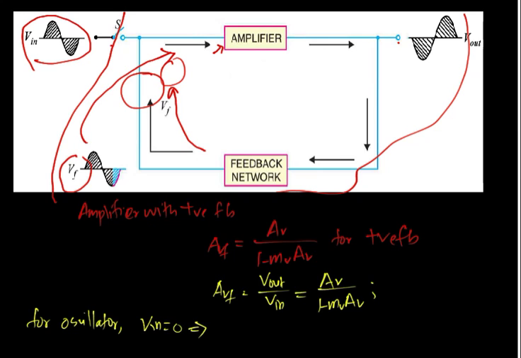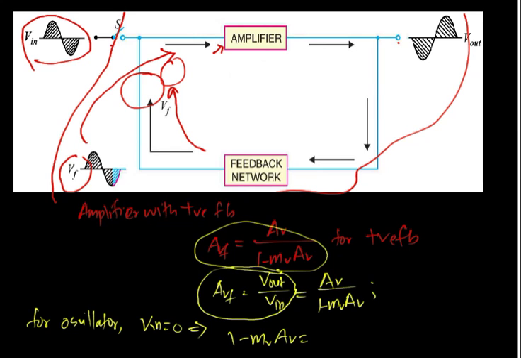So if V in is equal to 0 gives AVF equal to infinity, then using this equation, in order to make this equation infinity, 1 minus MV AV should be equal to 0, or MV AV is equal to 1, is the condition satisfied by an amplifier with positive feedback to produce oscillations.